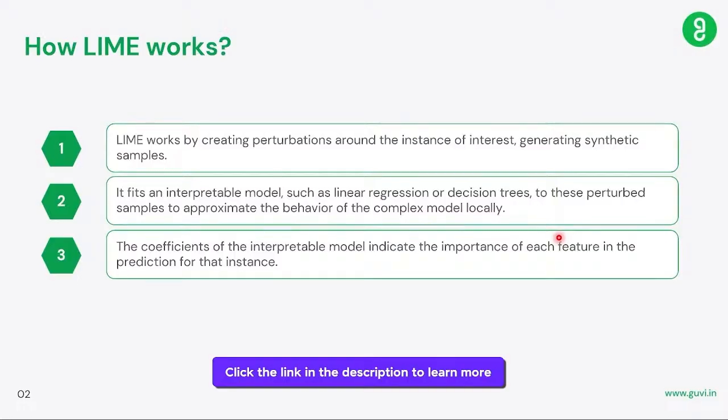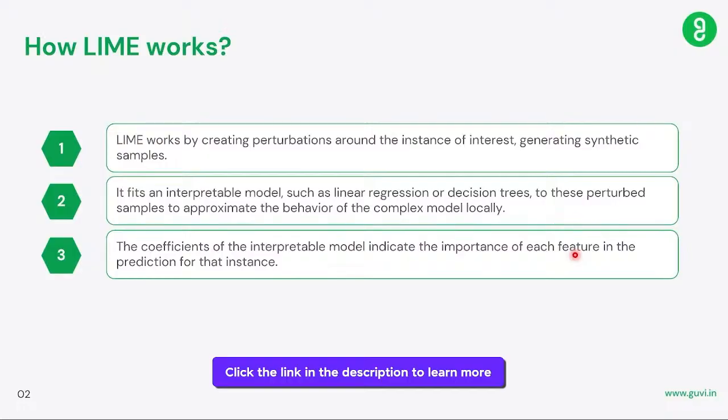By fitting the interpretable model to the samples, LIME can provide insights into how each feature contributes to the model's prediction for that particular instance. The coefficients of the interpretable model indicate the importance of each feature in influencing the prediction. Positive coefficients indicate that the features positively contribute to the prediction. On the contrary, negative coefficients suggest that the features have a negative impact.